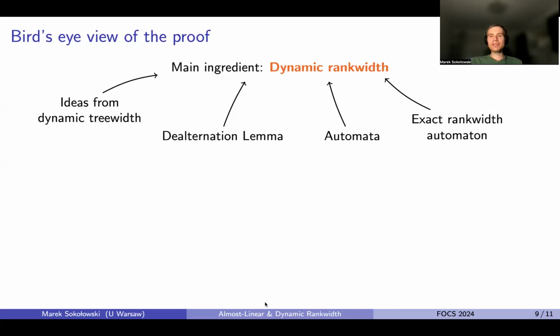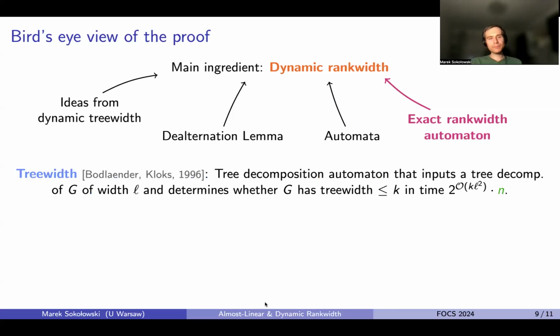Okay, finally, one of the automata we actually define and heavily rely on is the exact rank width automaton.